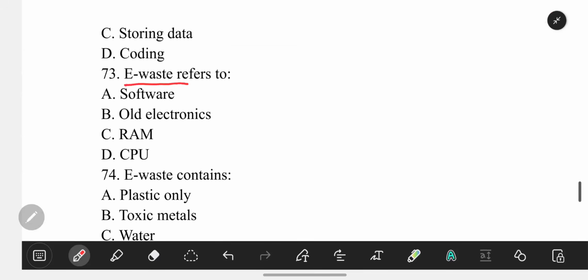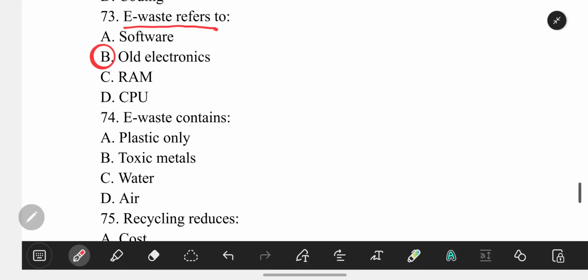Then we have e-waste. So these are devices that are too old or phones which have been neglected. E-waste is just old electronics. So old electronics could be phones, could be computers. E-waste is the electronic waste.